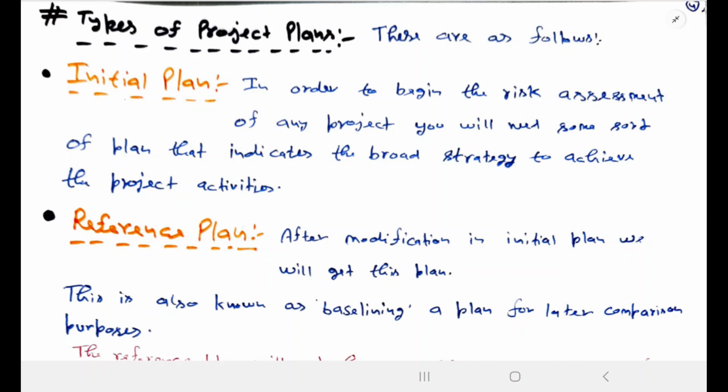These are called the initial plan. Here actual work is not done.